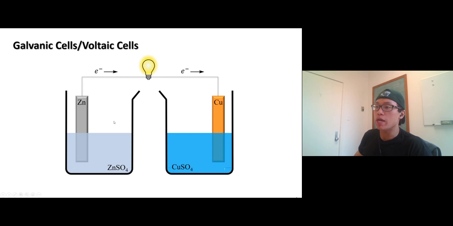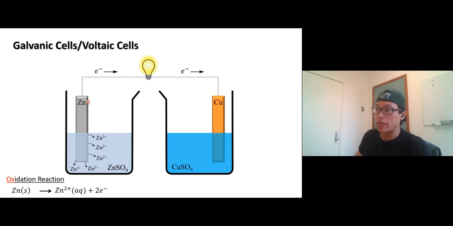Now as the reaction occurs, the oxidation reaction, which is on the left side right here, zinc loses electrons. So electrons go from zinc to copper. Zinc loses electrons and becomes zinc ion, zinc 2.